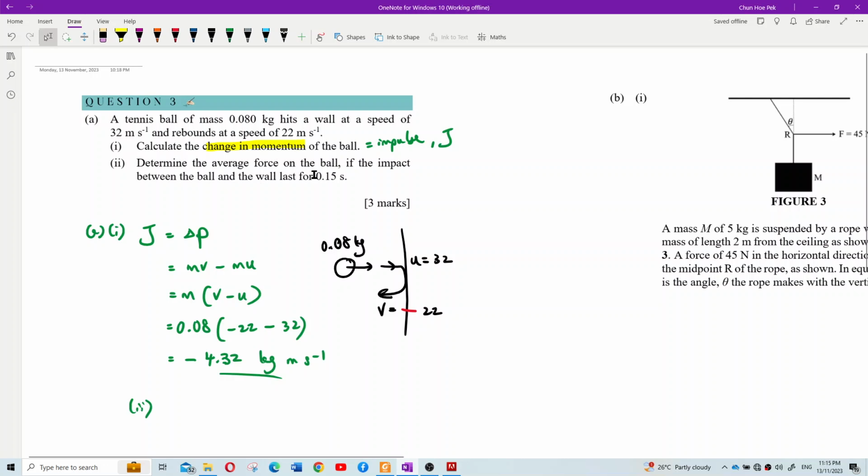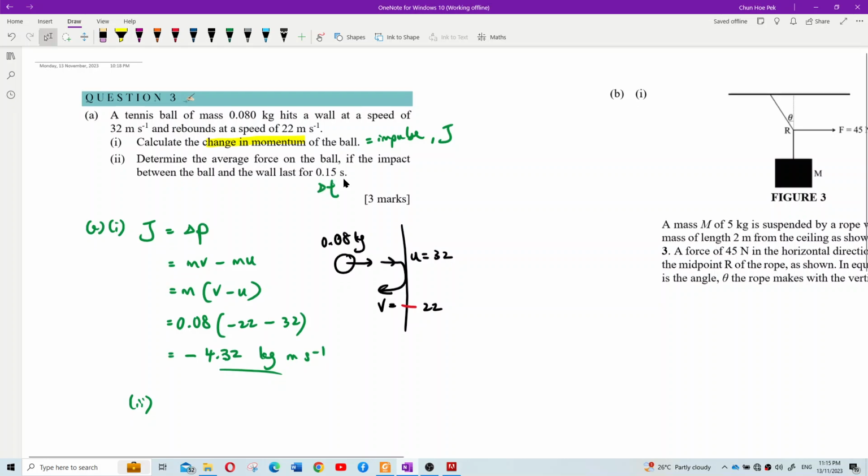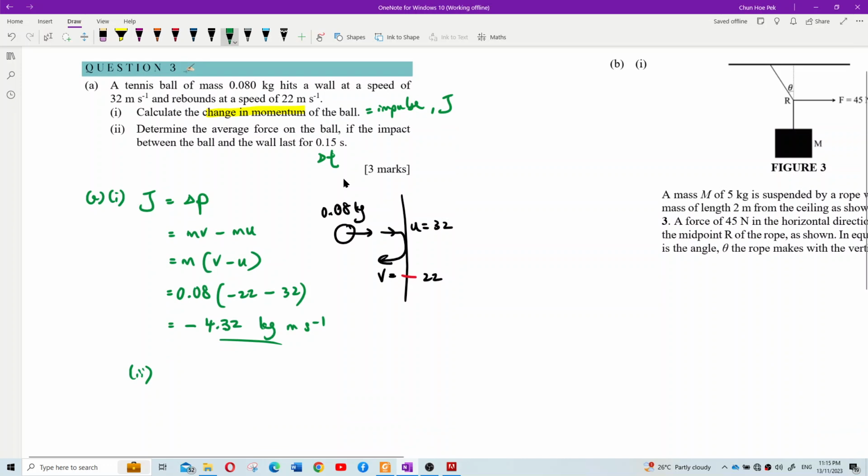Part two: find the average force on the ball if the impact lasts for this amount of time. So this is the time taken, class. For average force, I want to find force, which is J over time taken, the impulse over time taken.